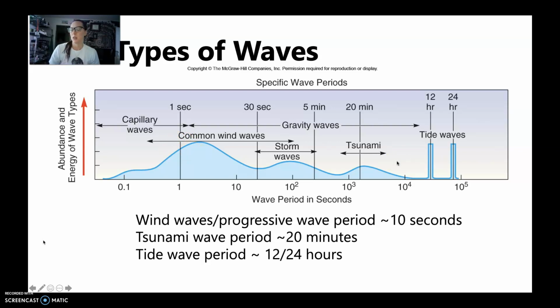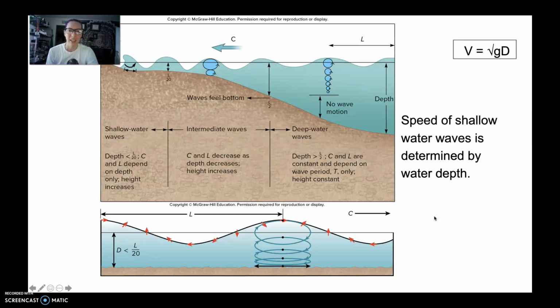And when we talk about waves in general, we classify them as either deep water waves, intermediate, or shallow water waves. And how we classify those is simple math. But essentially, it depends on whether the movement is being felt by the bottom of the ocean.